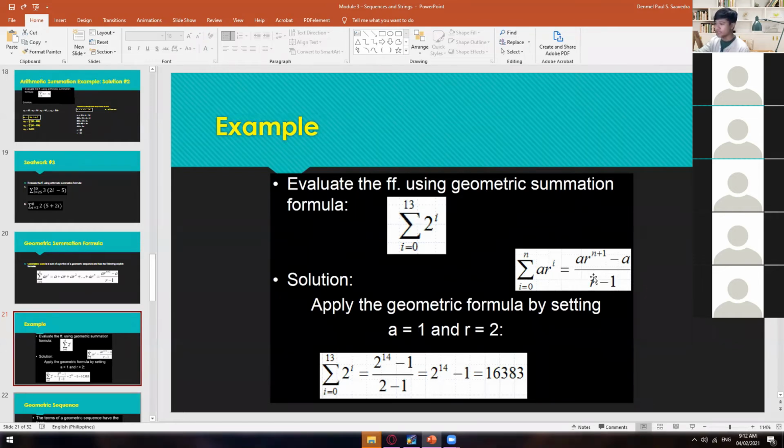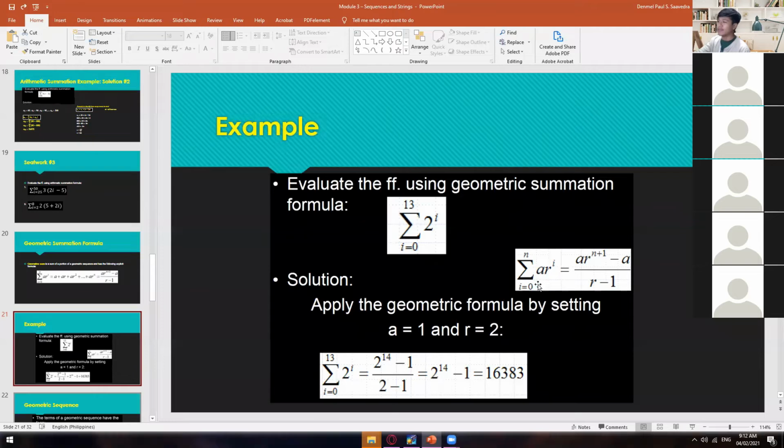You can either use this formula or do it manually, since there are only 14 terms. But why make it longer when we have the shorter solution? So just use this formula and substitute the corresponding values.